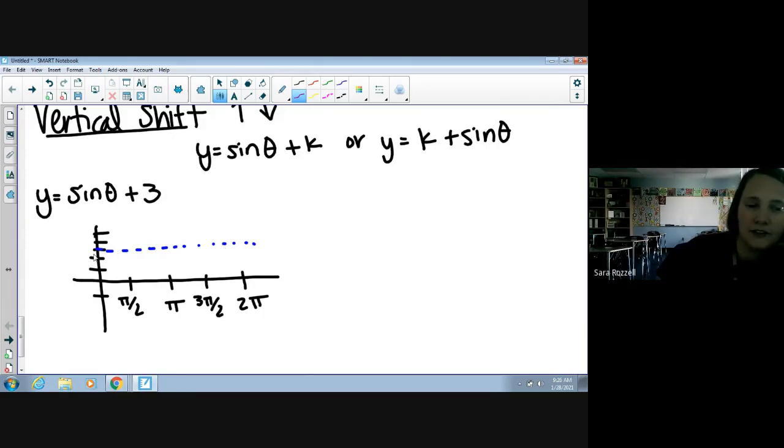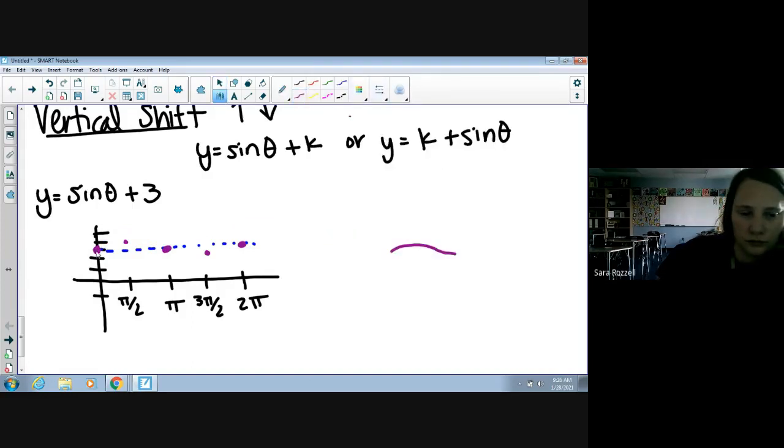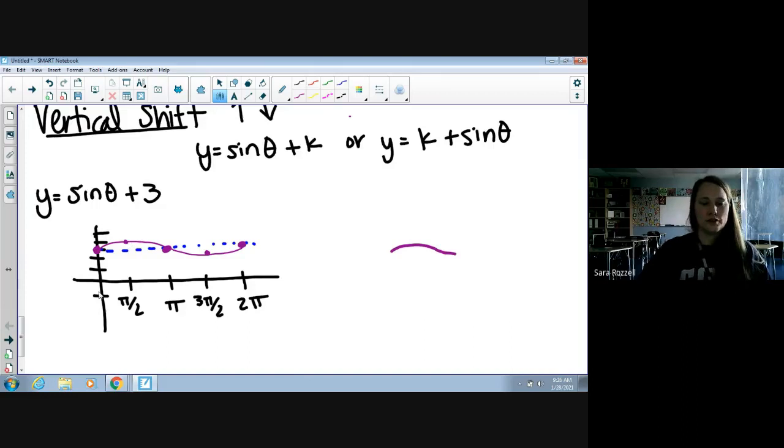And sine graphs go 0, 0, 0, 1 up from that, and 1 down from that. It looks really narrow just because my tick marks are small. I need to try that again. So this has every point shifted 3 units from where it was.